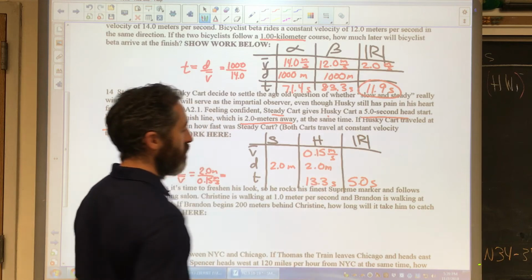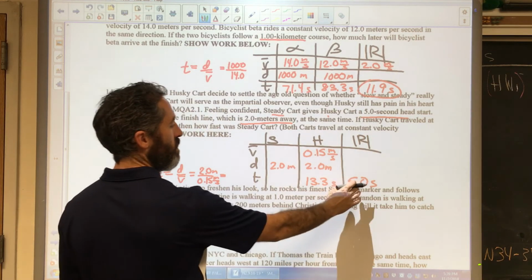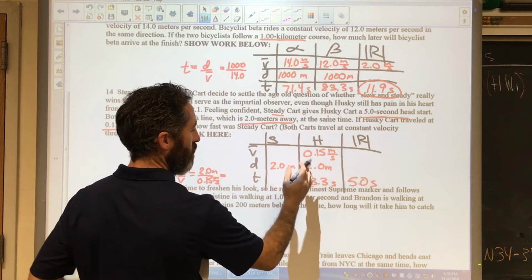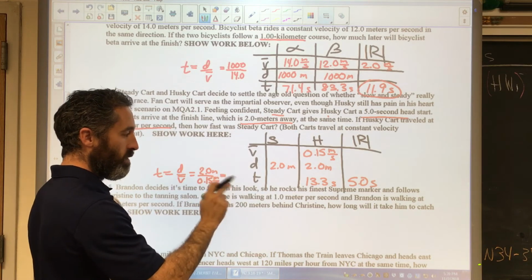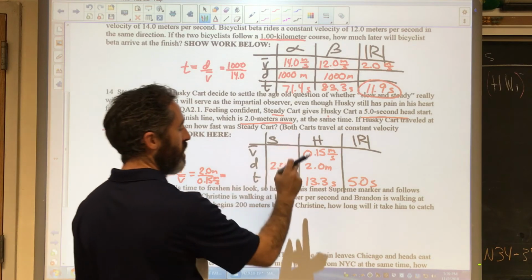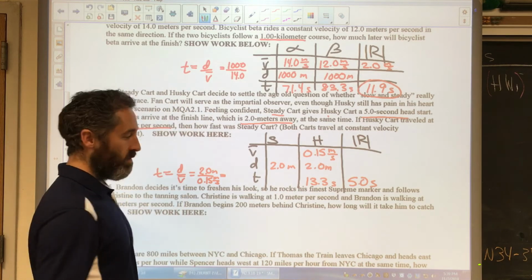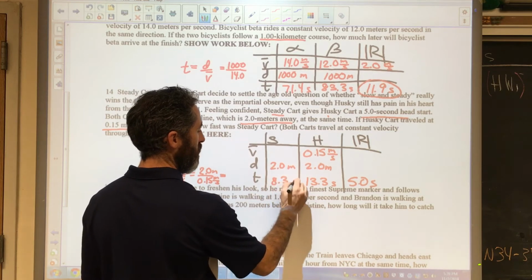Well, we know Husky took longer. And here you may say, oh, this minus this 5. Well, be careful. Remember, time doesn't have direction. But over here, we're not so concerned with which comes first. We need to actually still use our brains and say, what's happening? If Husky took 5 seconds longer, that means Steady has to be 5 seconds less than 13.3. So 13.3 minus 5 is 8.3 seconds.